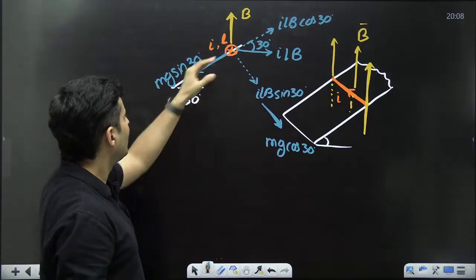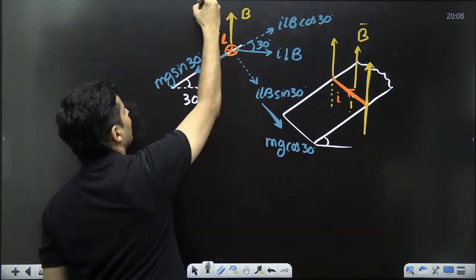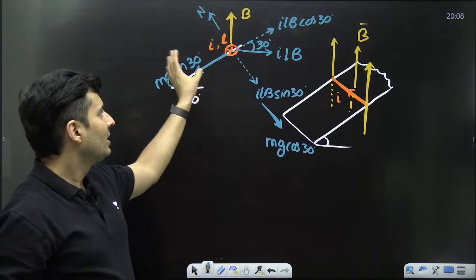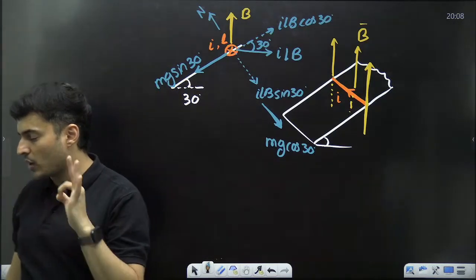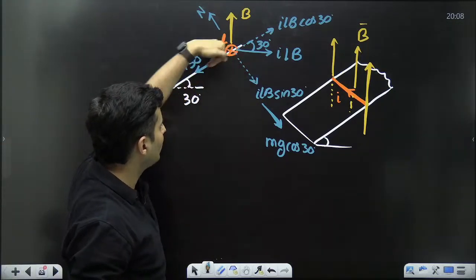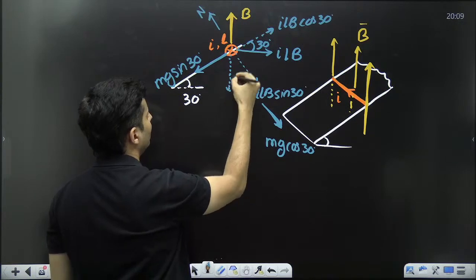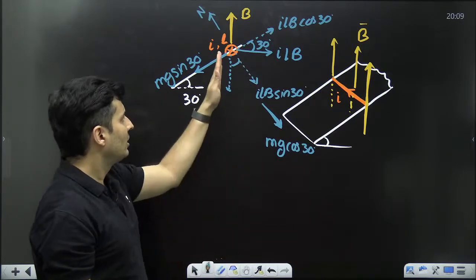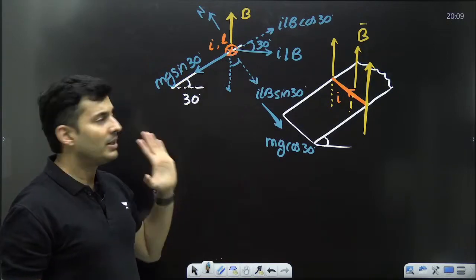And obviously there will be a normal force in this direction. These are all the forces acting on the rod. Are you convinced with these forces? This angle will also be 30 degrees, so this is the cos component and this is the sin component.